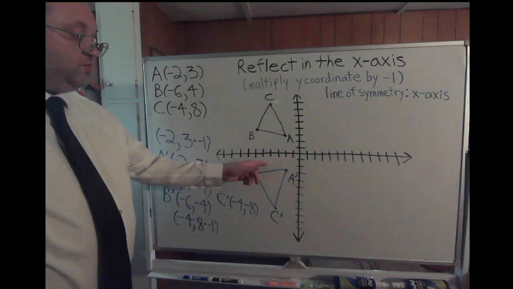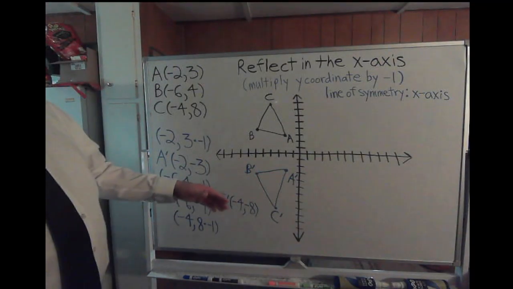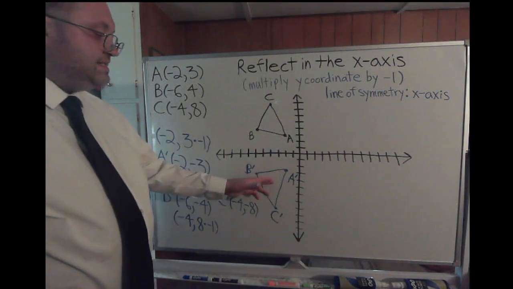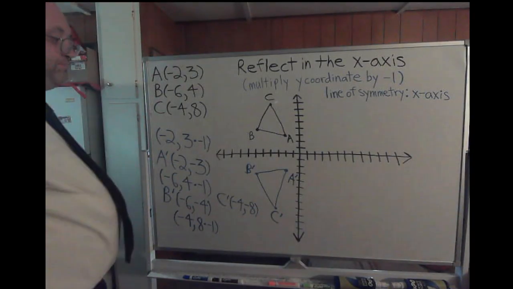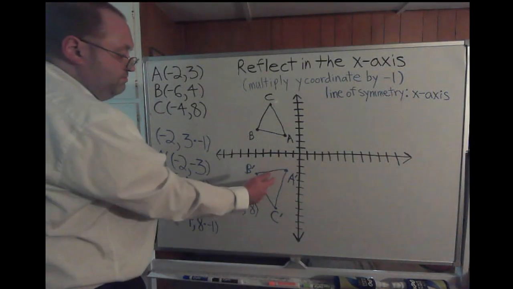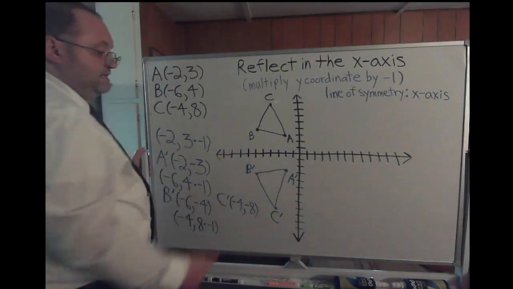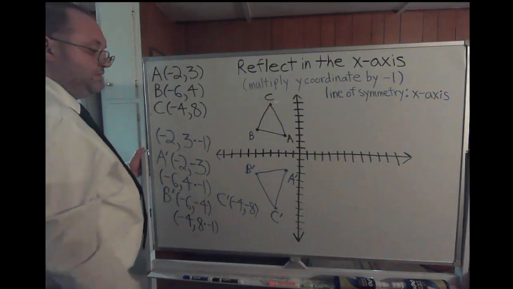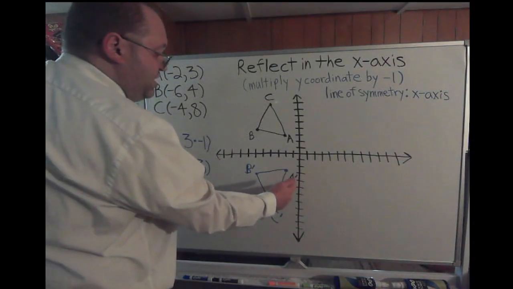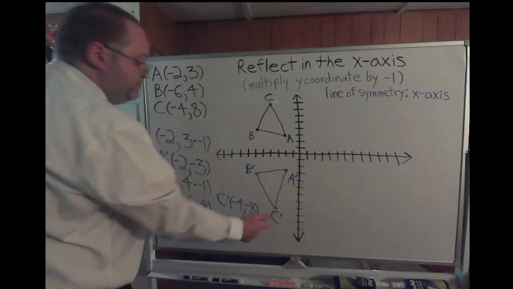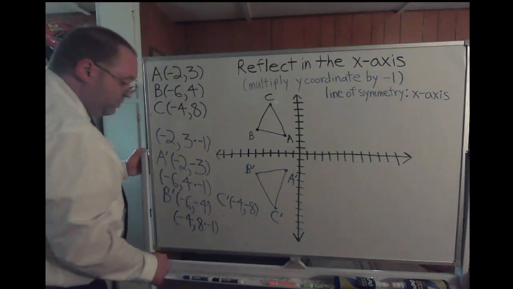Well, that's kind of what you get here, and when you reflect something across the x-axis, you get the mirror image. That's because all your y-coordinates went negative. That's the end result here. You get triangle A prime, B prime, C prime after you've multiplied your y-coordinates by -1.